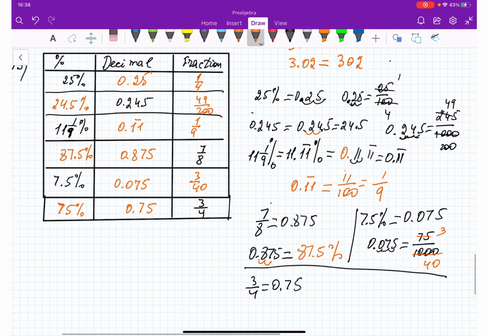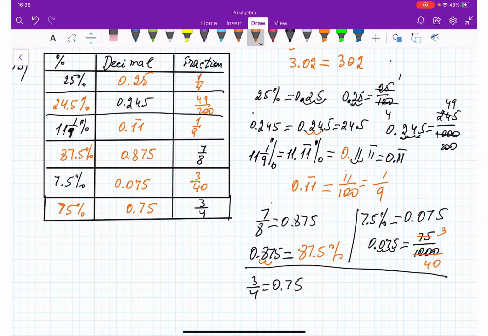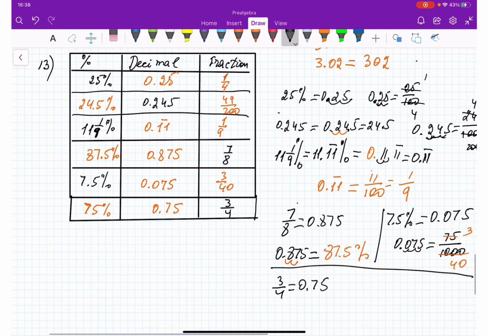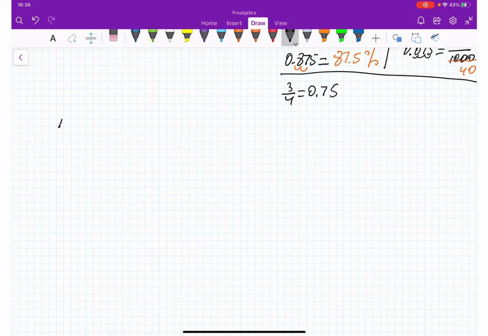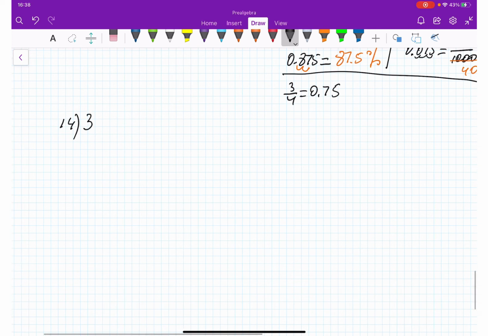Okay. Number 14. Write the mixed number as a percentage: 3 and 9 over 10. So 3 and 9 over 10. I'm writing it down as a decimal first. It's going to be 3.9 because 9 over 10 is 0.9, right?